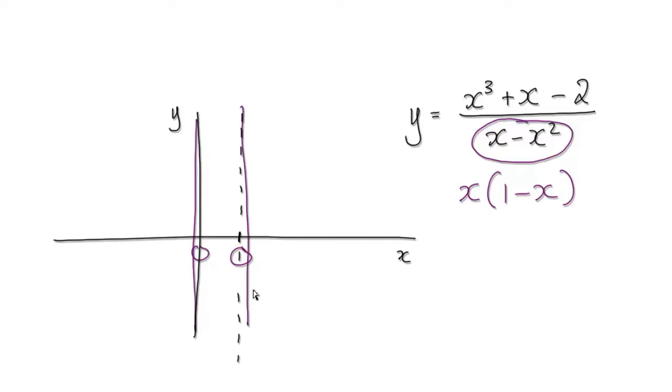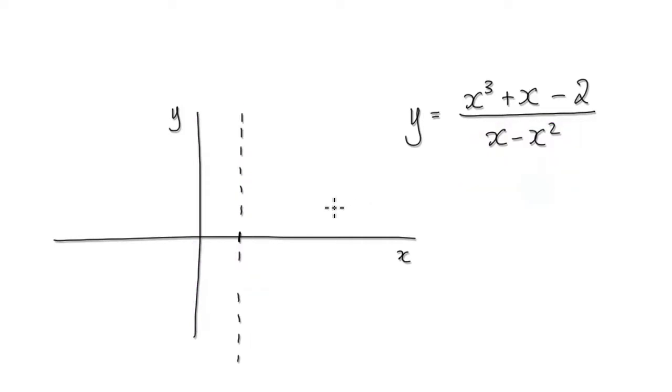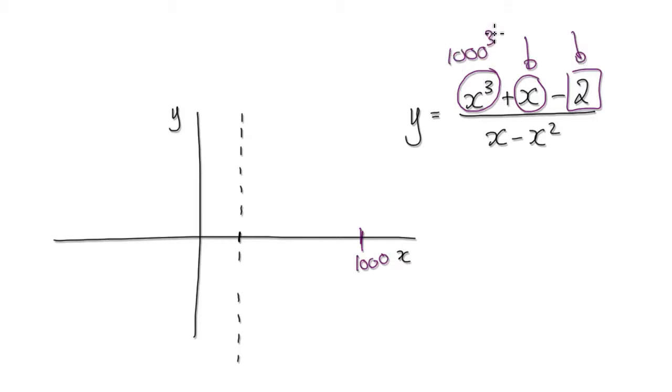Now let's investigate what happens when x is very, very large. In the numerator, you've got three blocks. When x is very, very large, let's say 1000, these two blocks are really irrelevant, because 1000 cubed would be very, very big in comparison to these two.